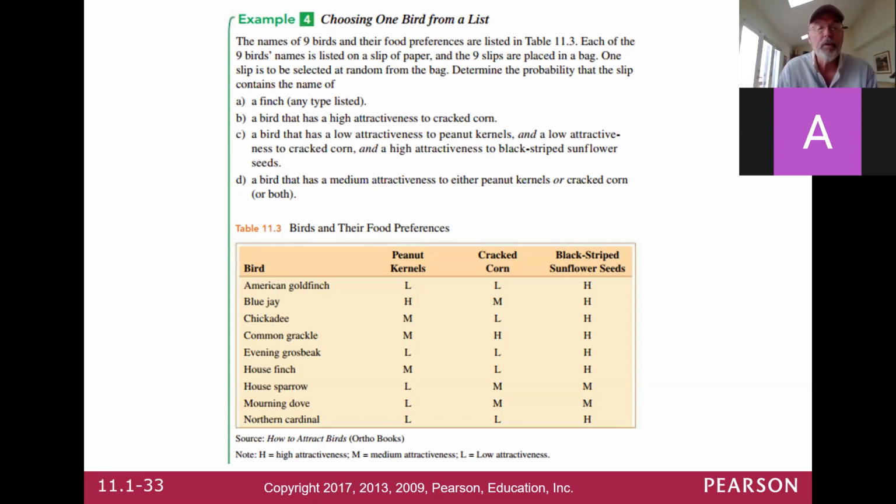We put those names on a slip of paper, and the 9 slips are placed in a bag. So we want to now determine the probability of selecting that slip. Every one of these has an equal likely chance of being selected. So what is the probability of a finch?